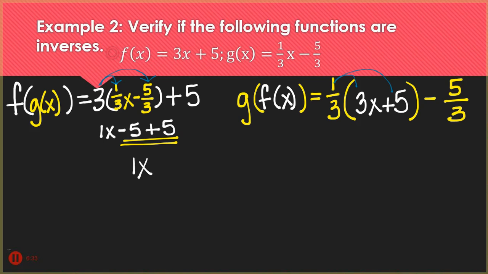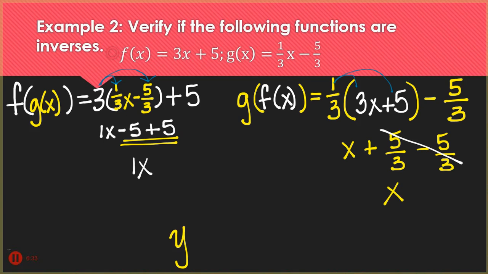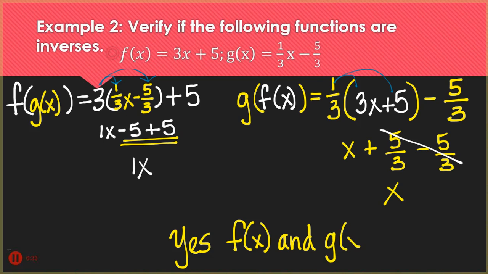And when I do that, I get x plus 5/3 minus 5/3. My fractions are opposite, so they cancel, and I have x. So again, we have verified that f of x and g of x are inverse functions. And we did that using composition.